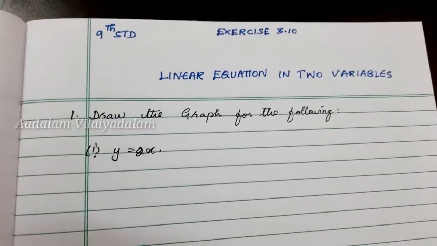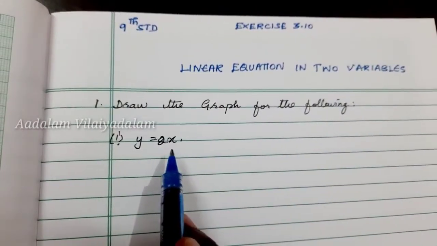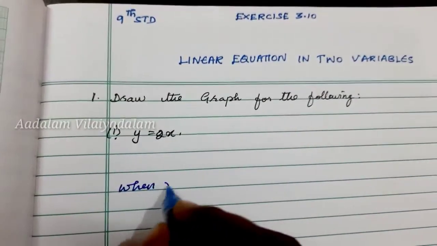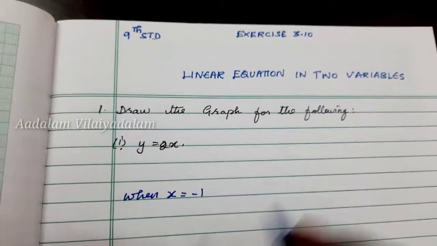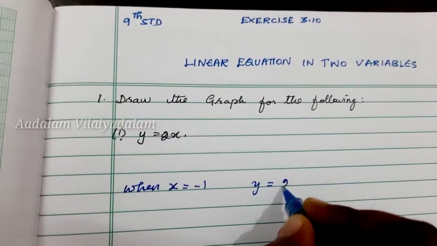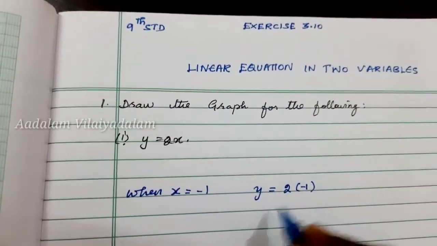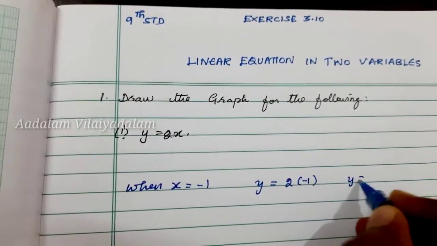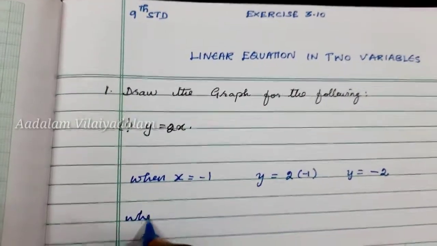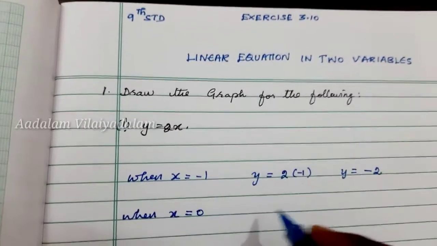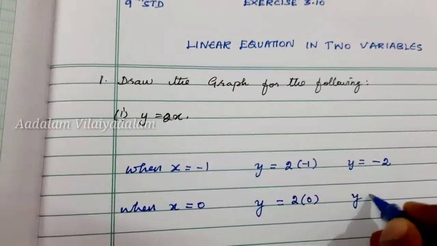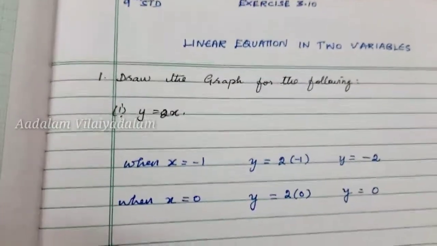Now let us apply the x values for this equation randomly. When x equal to minus 1, we get y equal to 2 into minus 1, then y equal to minus 2. The same way, when x equal to 0, we get 2 into 0, then y equal to 0.